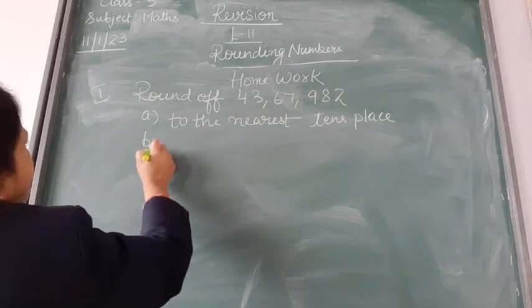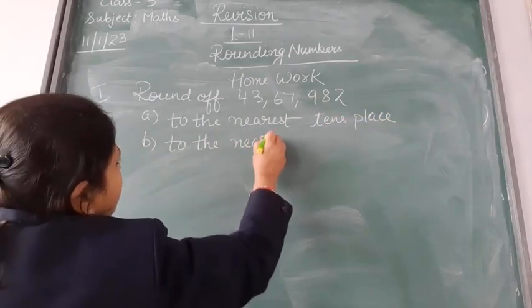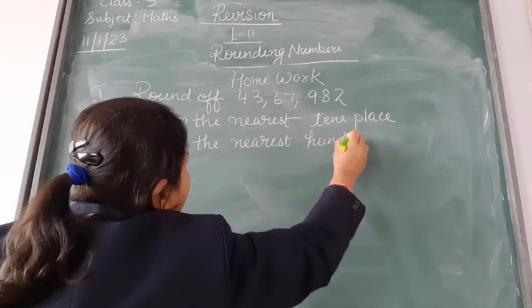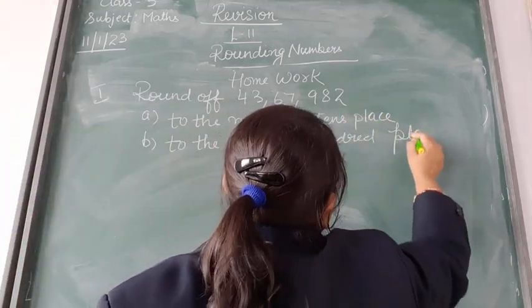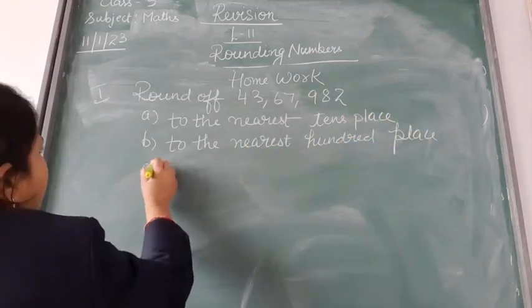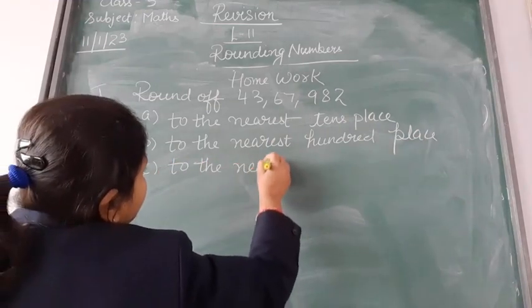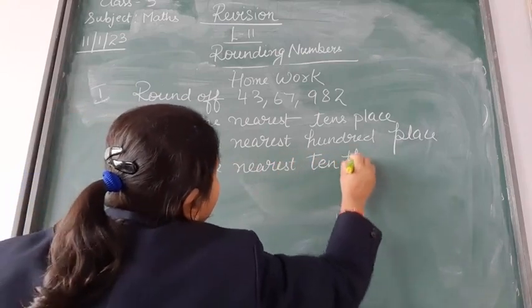B part to the nearest 100 place. C part to the nearest 10,000 place, right?